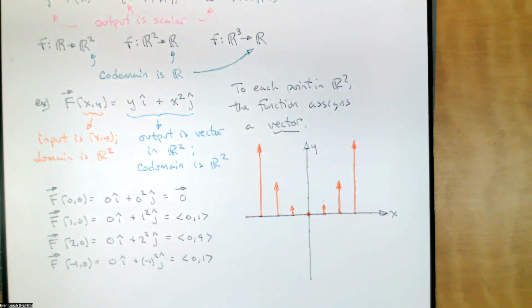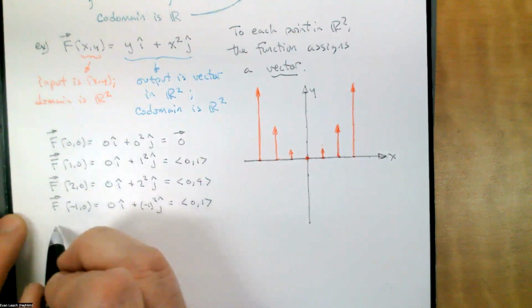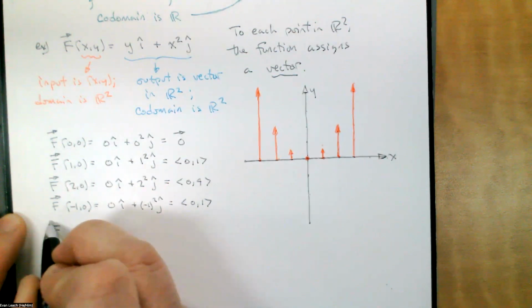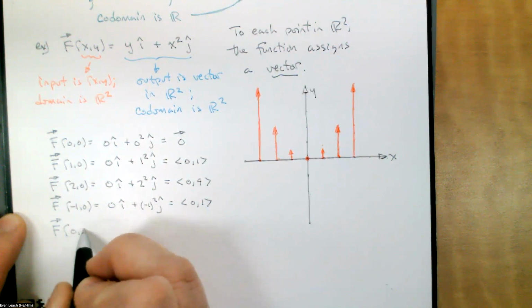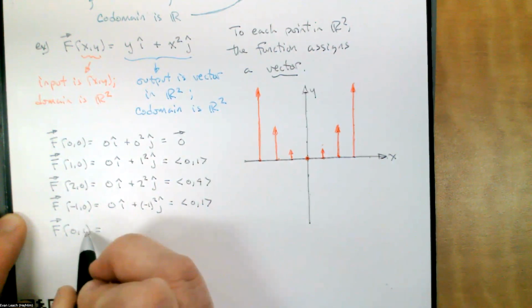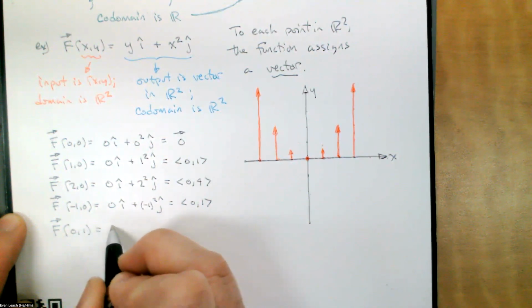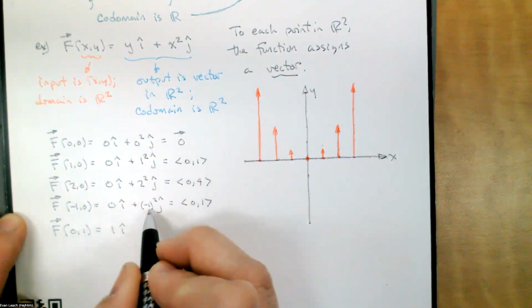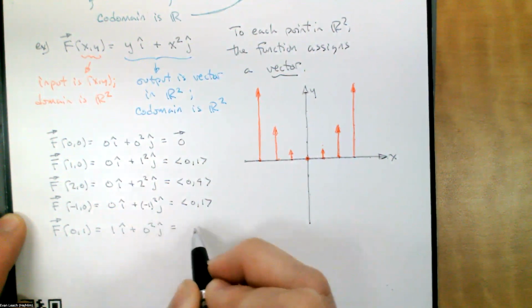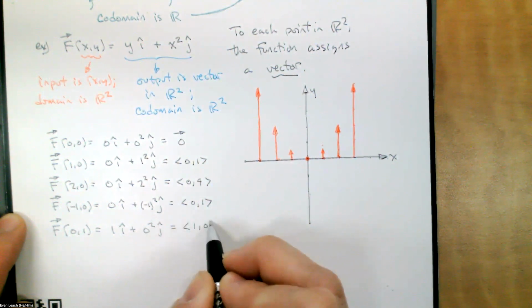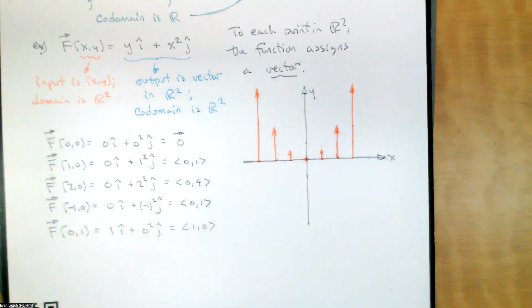If we move to a different point, we'll get a different vector. So for example, if I plot the point 0, 1, in this case y is 1 and x is 0. So I get the vector 1, 0.